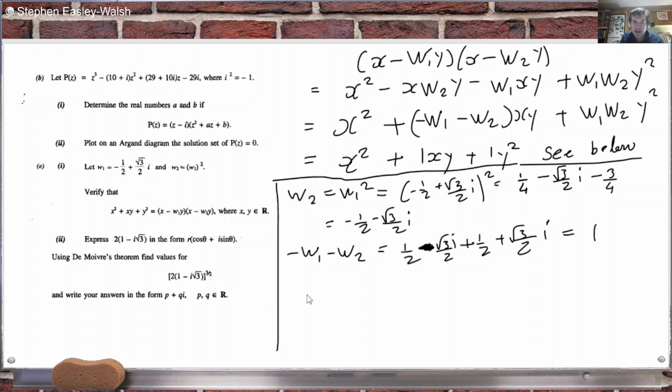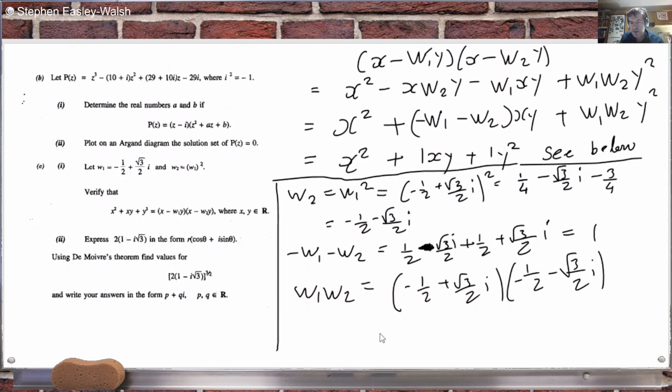And then now calculate w1 times w2. So what's w1 again? Minus a half plus root 3 over 2 i, times minus a half minus root 3 over 2 i. So that'll be a quarter. And then that's a negative and that's a positive, so they cancel.